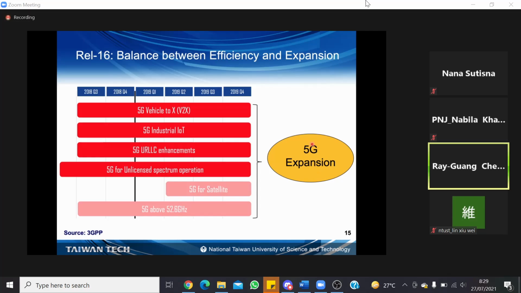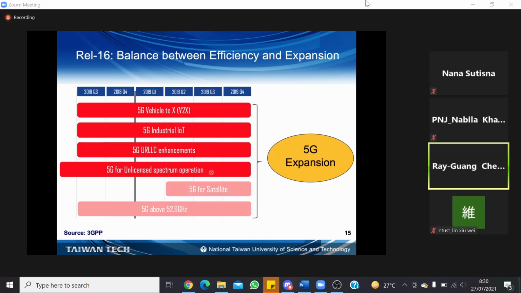For example, V2X, 5G V2X is to support self-driving cars. They try to define industrial IoT, IIoT, to support massive URLLC applications. They also define some features to enhance URLLC.